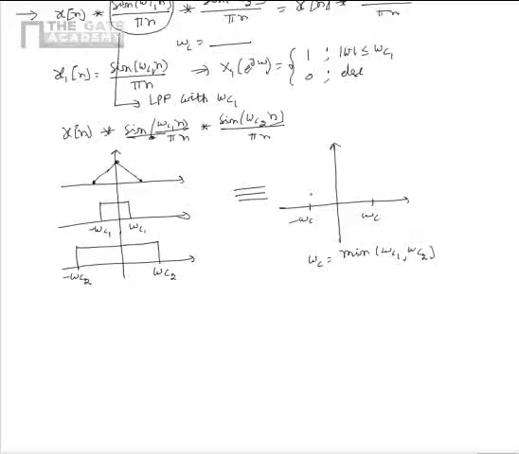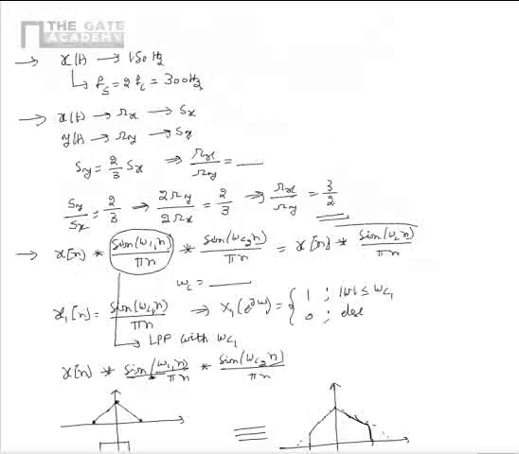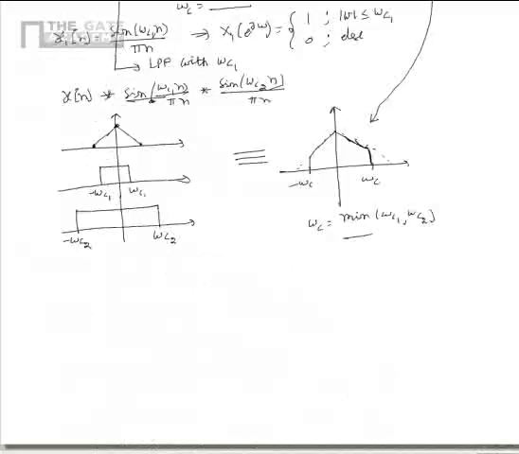So this can further be written as an operation where the signal x of n is convolved with a low pass filter whose cutoff frequency is omega c as given on the right hand side. From this, we can say that omega c would be equal to minimum of omega c1 comma omega c2.